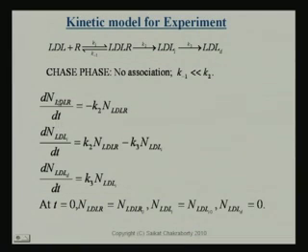So d/dt of LDL-R equals minus K2 N LDL-R. d/dt of N LDL-I equals K2 N LDL-R minus K3 N LDL-I, and d/dt of N LDL-D, the formation, equals K3 N LDL-I.